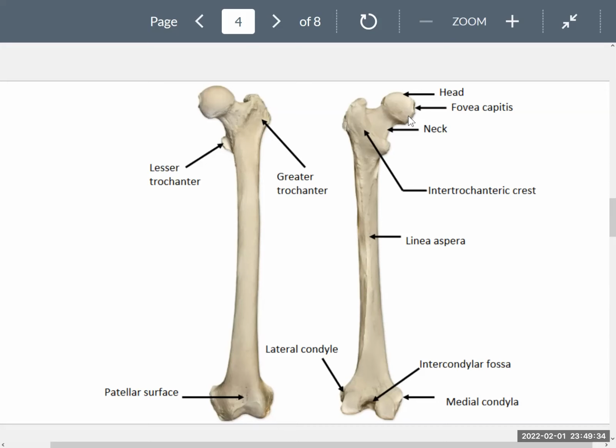This is the fovea capitis. It's a true marking. In other words, it's something we can point to, but we don't really have a use for. Everything that has a structure does not have a function. This indentation, fovea capitis, means literally hole in the head.